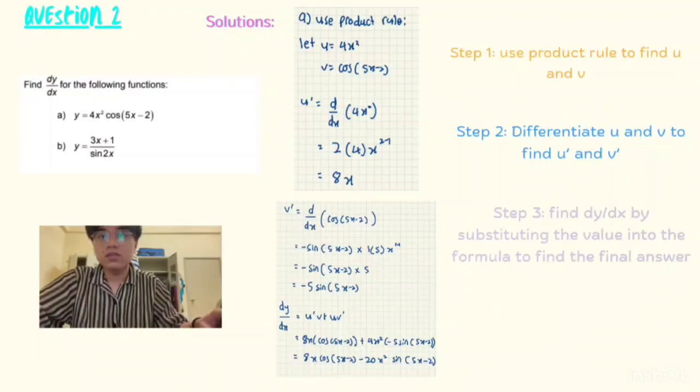Expanding the equation, you will get 8x cos 5x minus 2 minus 20x squared sin 5x minus 2. So that's the final answer for question A.